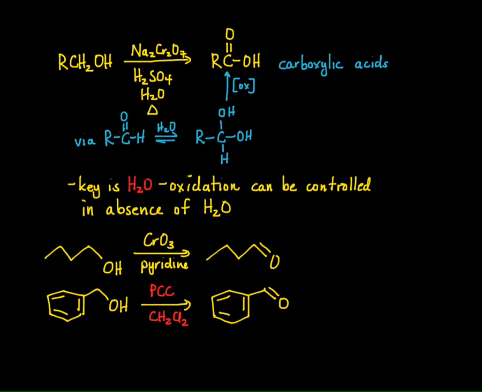Now you might be saying, what is PCC? It's just a bunch of letters to me. Well, it stands for pyridinium chlorochromate. And it is very similar in structure to the pyridinium chromate salt that we saw.